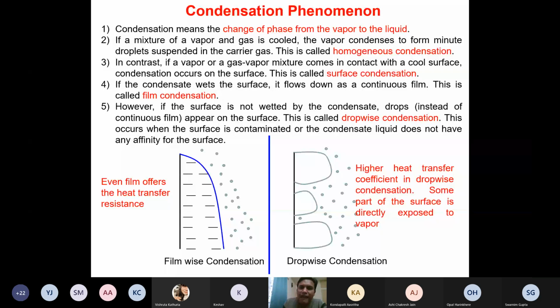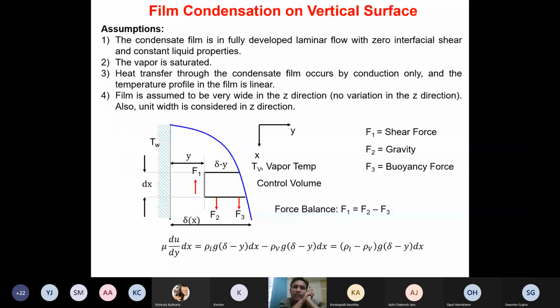So let us move to the analysis of film condensation on a vertical surface. Let's say there is a vertical surface. TW is lower than the saturation temperature, and TV is the vapor temperature. There are different assumptions we have used here.